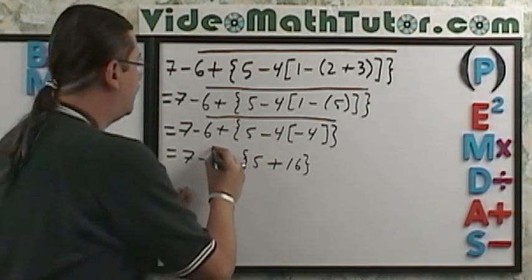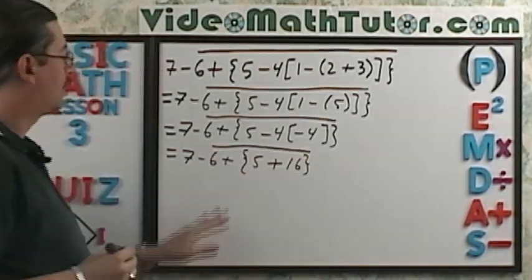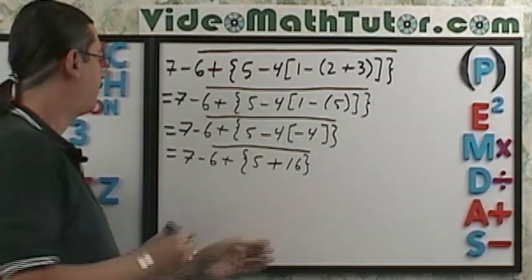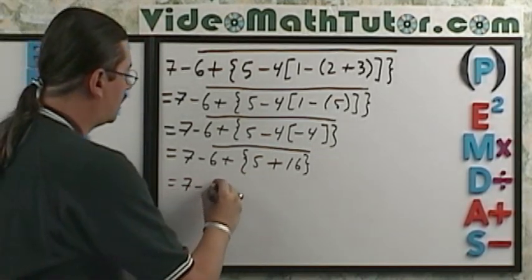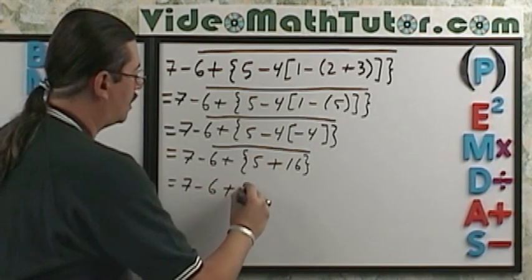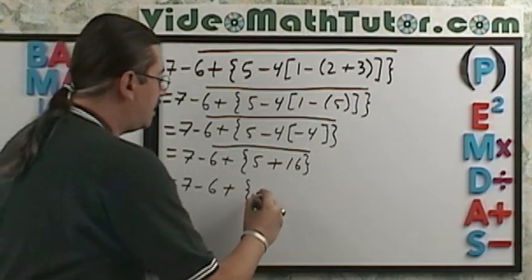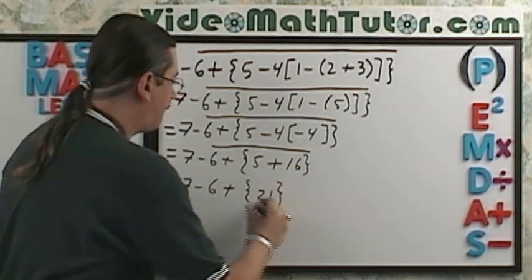And there's a bar over everything here. What's next? Well, here's some grouping symbols. Five plus 16 is 21.